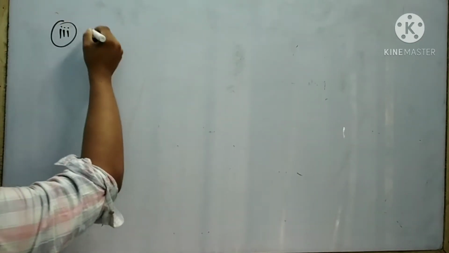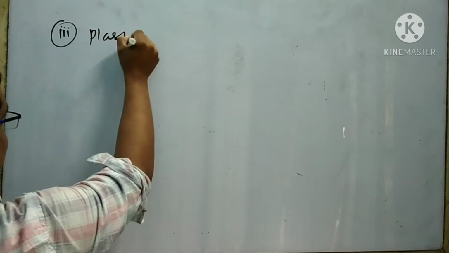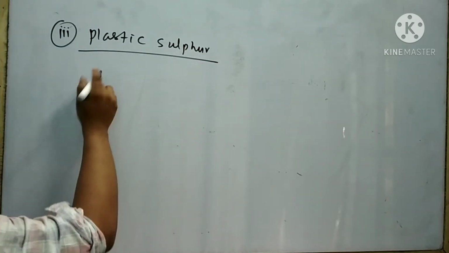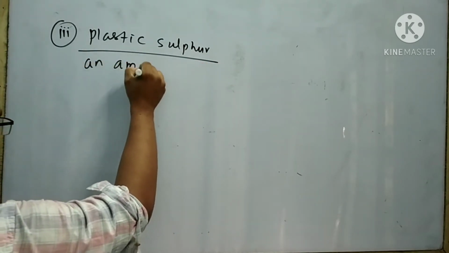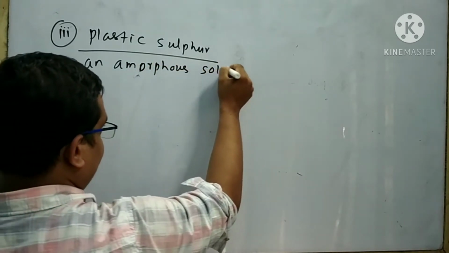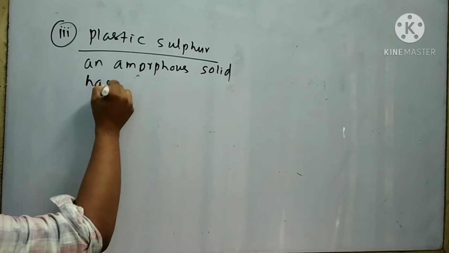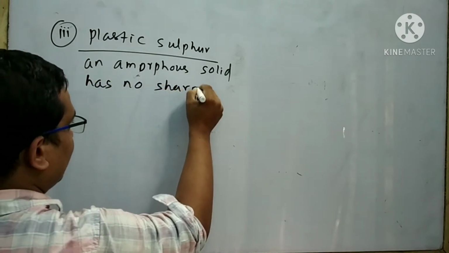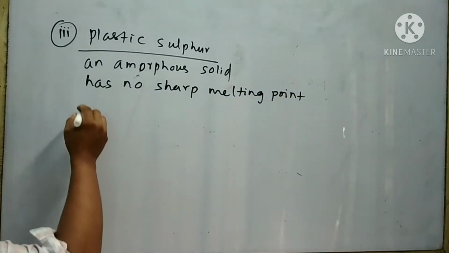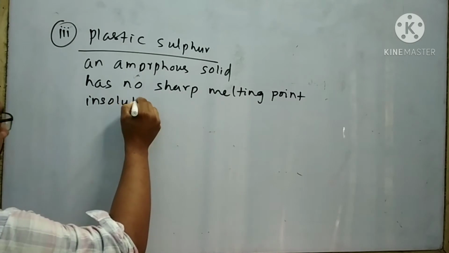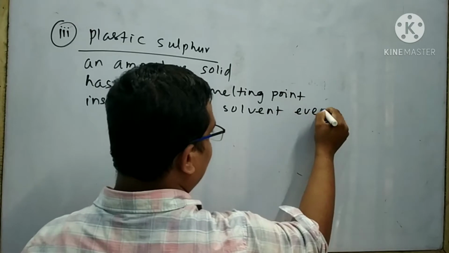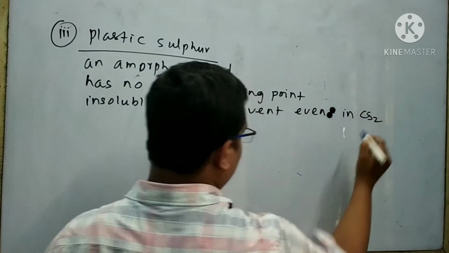Next allotropic form of sulfur is plastic sulfur. It is an amorphous solid. It has no sharp melting point. It is insoluble in all solvents, even in CS2.